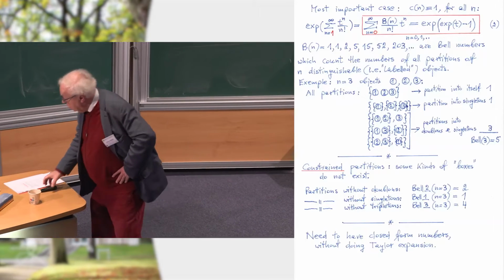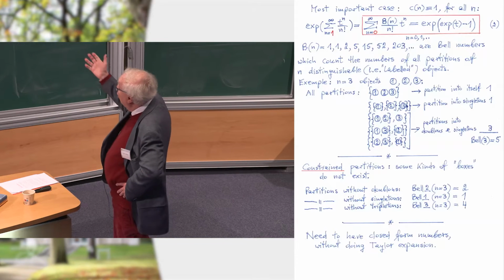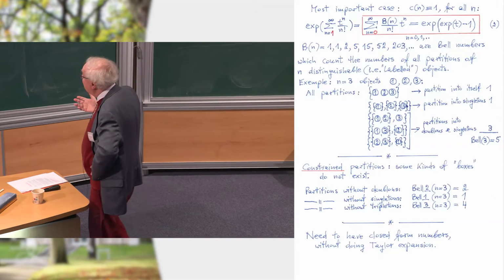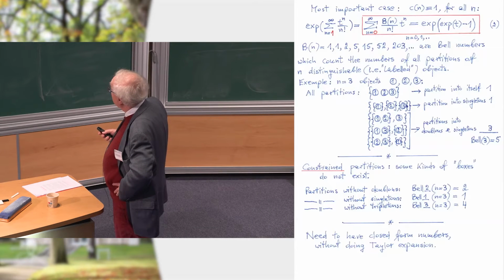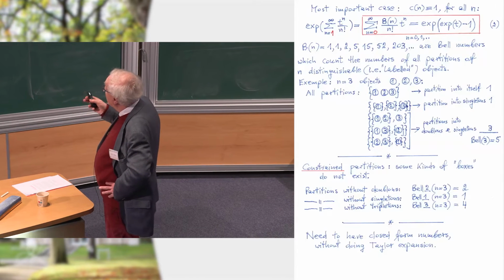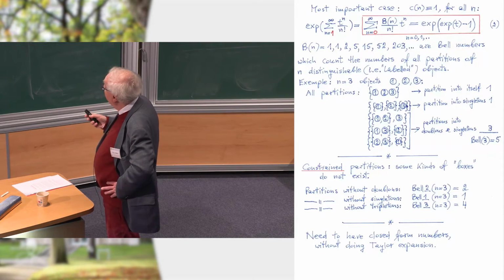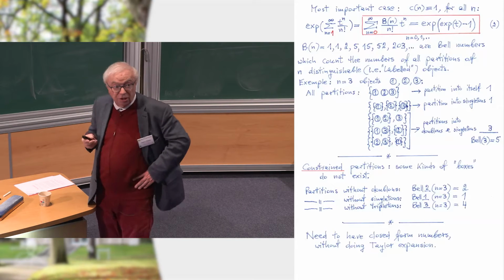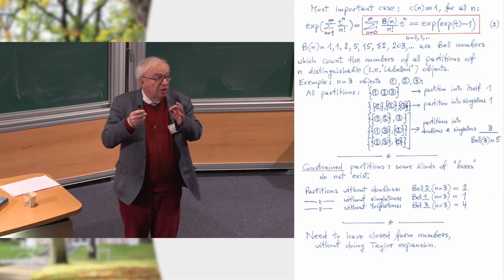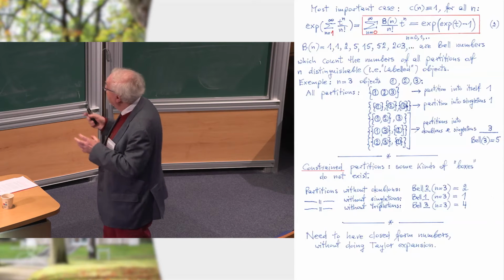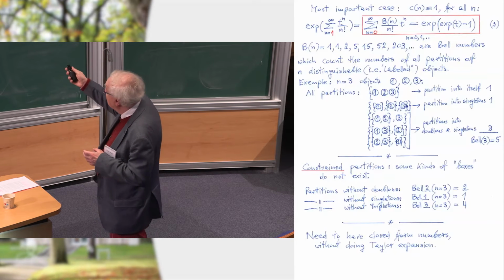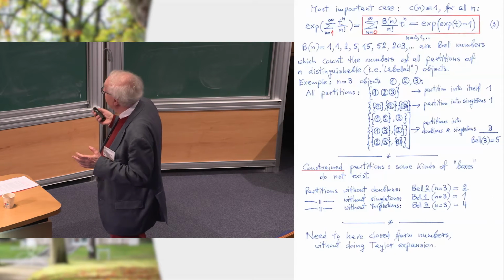So now, what interests us are constrained or restricted partitions. So what are restricted partitions? These are partitions where we don't have some kind of boxes. So we say we don't have blocks containing certain numbers of particles.